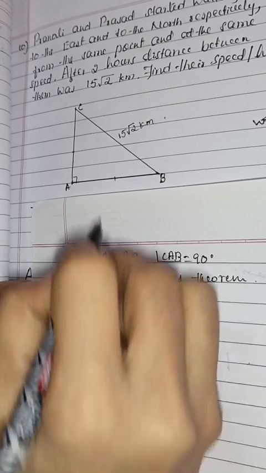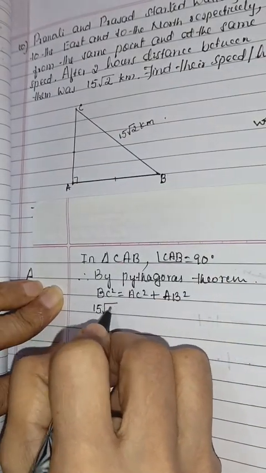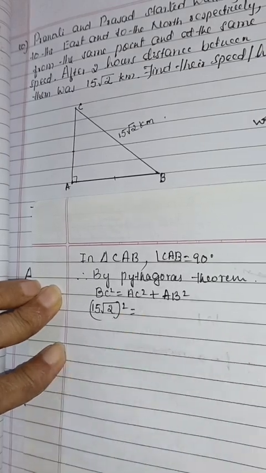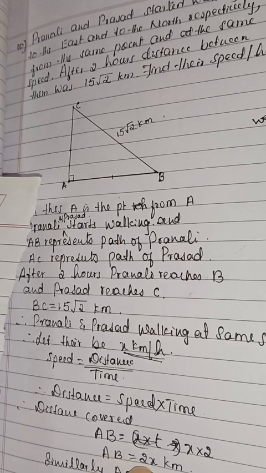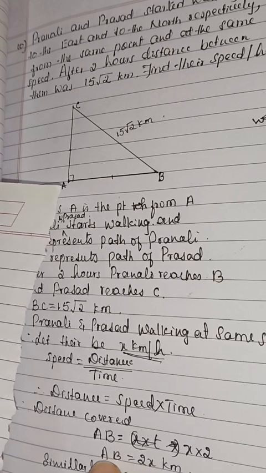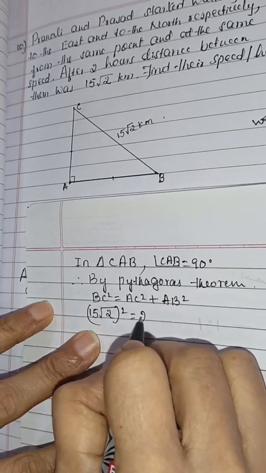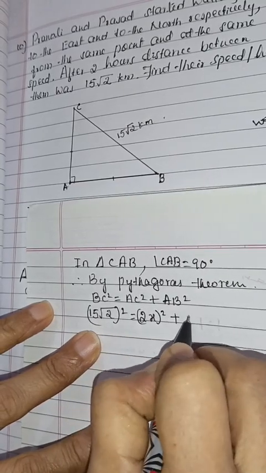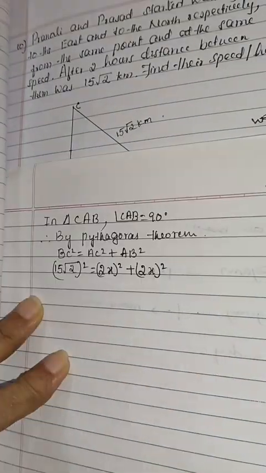BC is 15 root 2 whole square, equals AC is 2x, AB is also 2x, so 2x whole square plus 2x whole square.